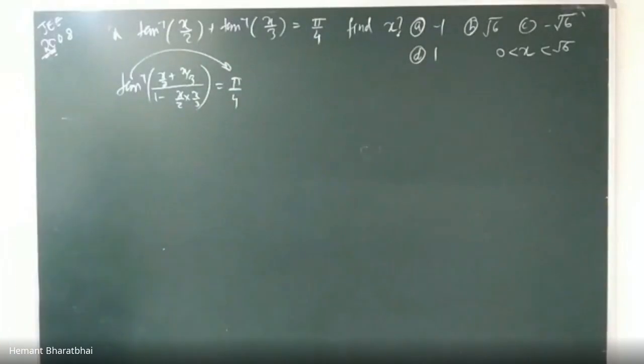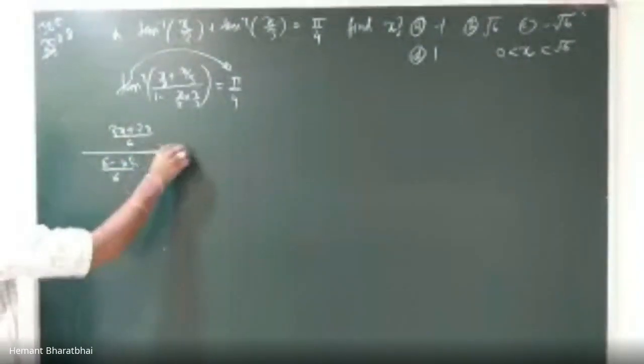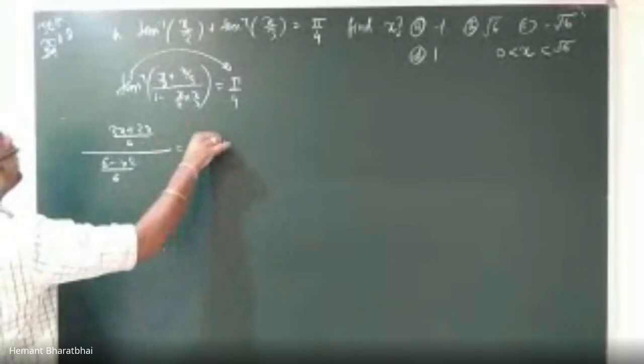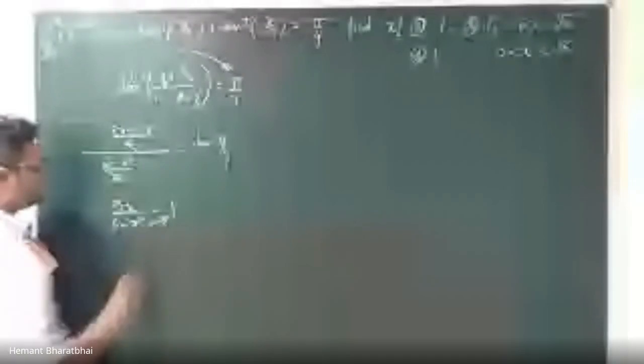So I'll take tan inverse over there, and when I simplify, I'll get 3x plus 2x upon 6, the whole upon 6 minus x square upon 6, is equal to tan of pi by 4, which is 1. So 5x is equal to 6 minus x square.